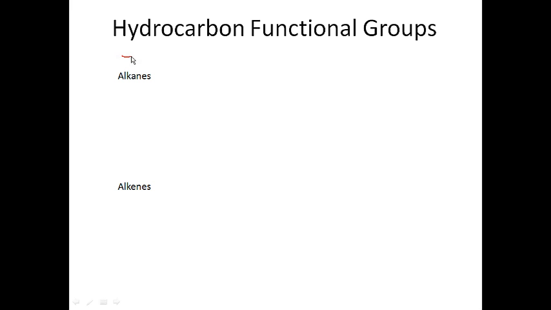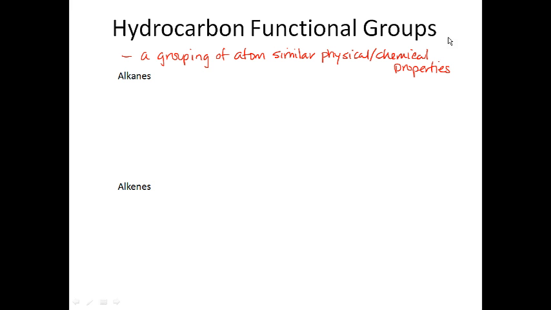Basically a functional group is simply a grouping of atoms, a series of atoms that are attached together that have similar, I suppose we could say physical, but much more important, similar chemical properties. And that's how every organic textbook, or nearly every organic textbook, is organized, according to functional group.